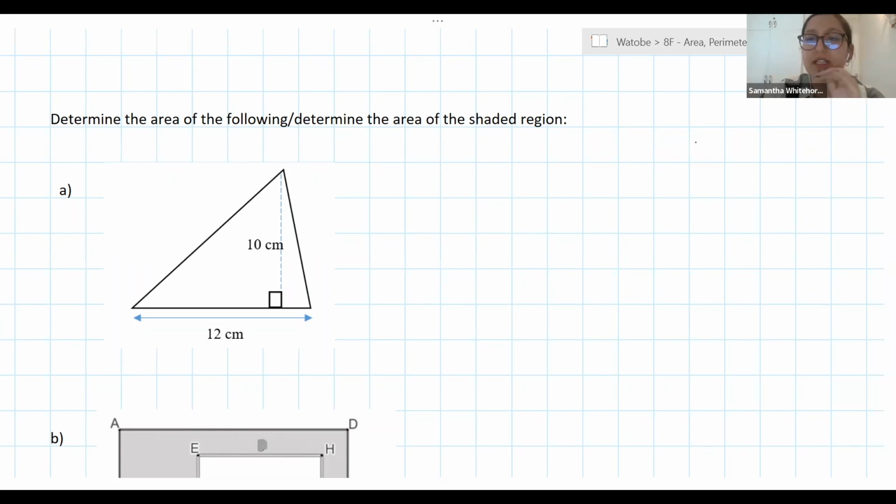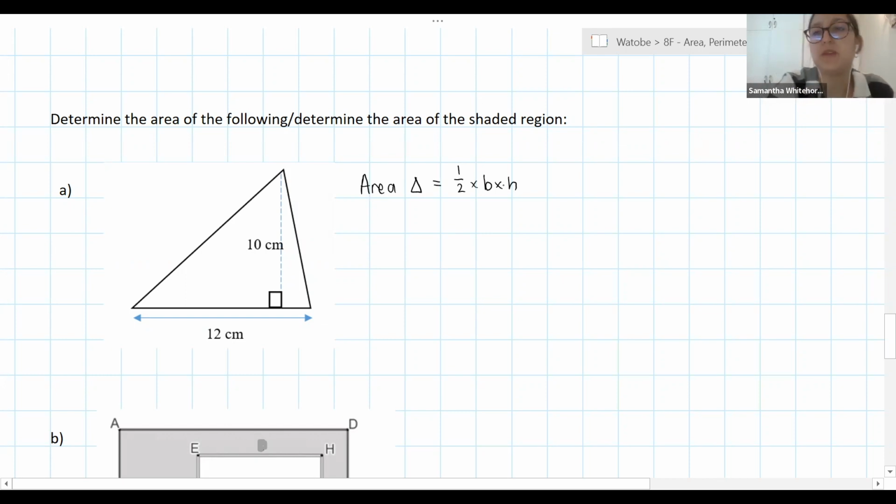Area is basically the space that a shape takes up. So it's the space inside a shape. And as very correctly stated, if we want the area of a triangle, and I'm just going to be lazy and draw a triangle, our formula is half times base times the height of the triangle.